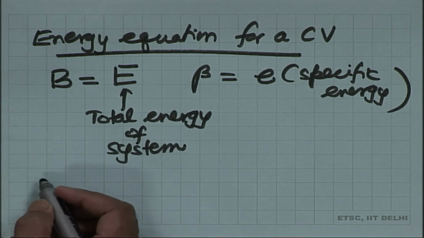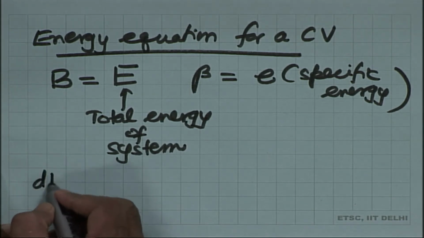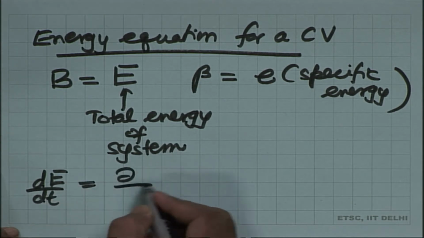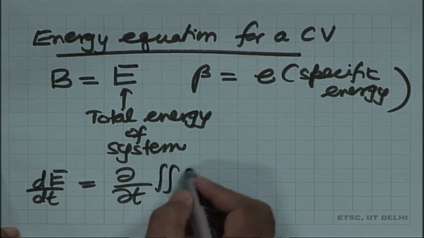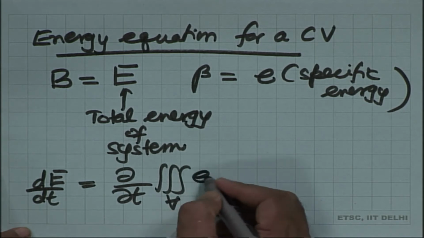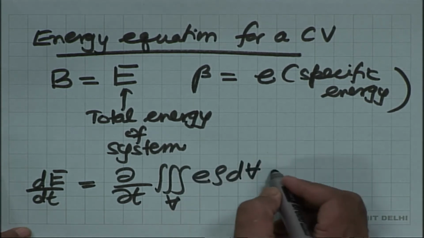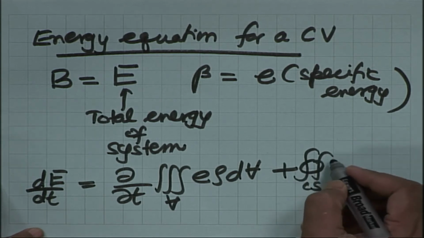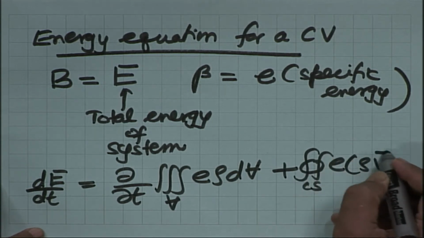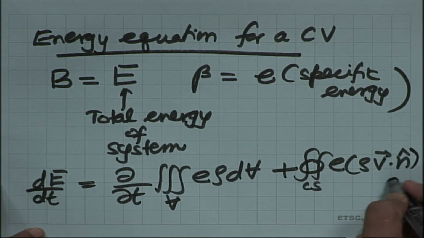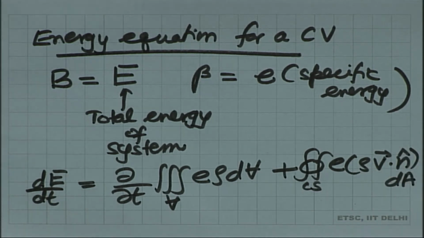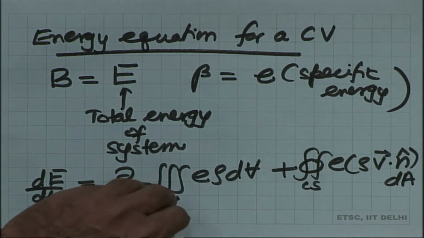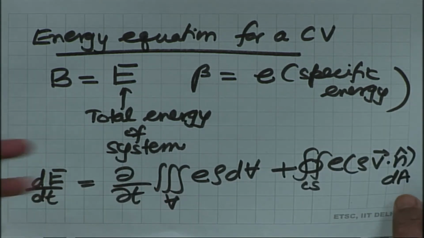Reynolds transport theorem gives us dE by dt is equal to partial by partial t of the volume integral of E rho dV plus the integral over the control surface of E times rho V dot n dA. And as we know, for this to be valid, there are no conditions.